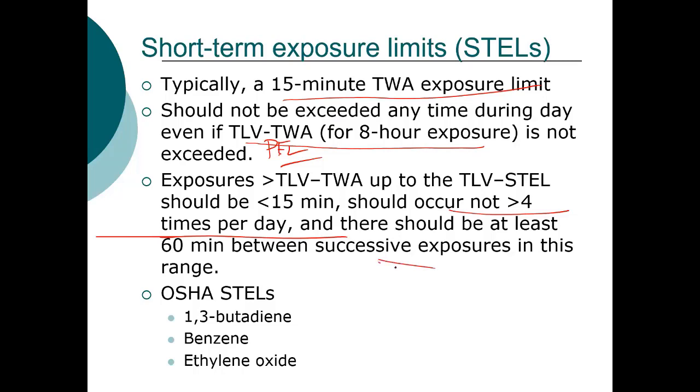And the other thing is that from a regulatory perspective, you can't rotate employees to avoid exceeding that STEL limit. So you can't actually make a concerted effort to avoid it by simply rotating employees. What does that mean? That means that the company has to take the proper procedures, proper engineering controls to ensure that the STELs are not routinely exceeded.